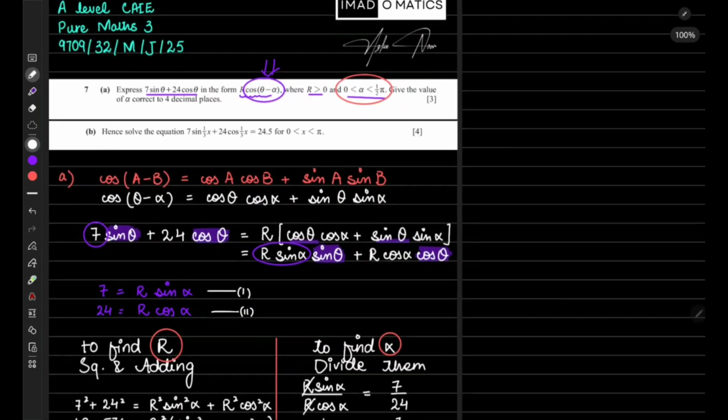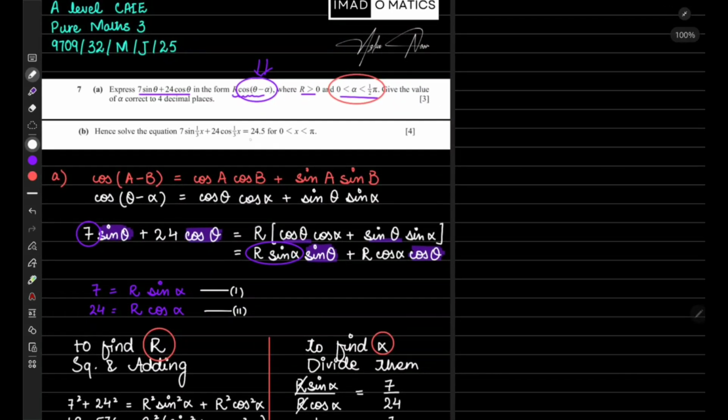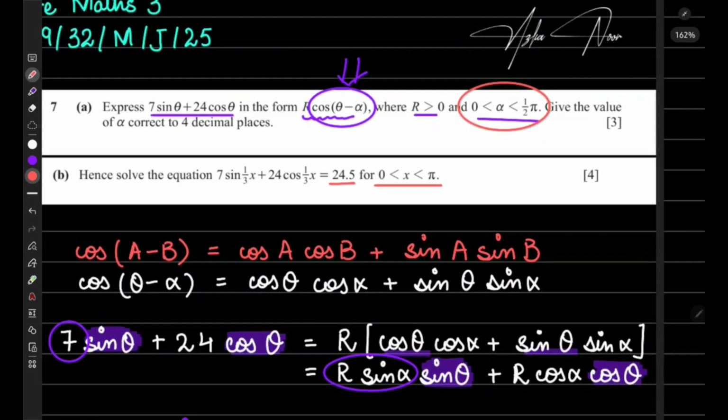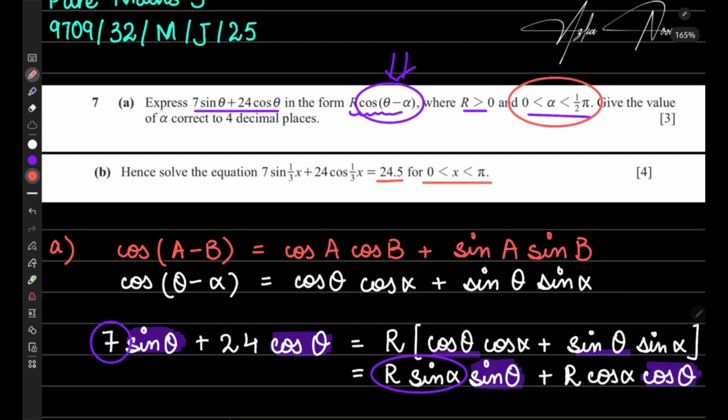Part B says, hence solve the equation equal to 24.5 for the range 0 to pi. Now we need to go till 2 quadrants. The word hence tells you that you have to use your workings from the first part.